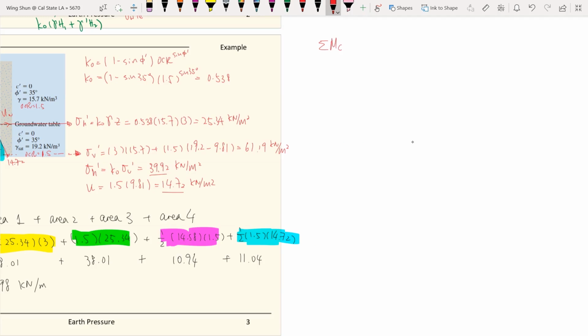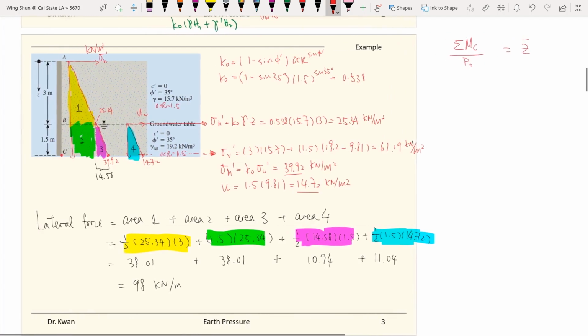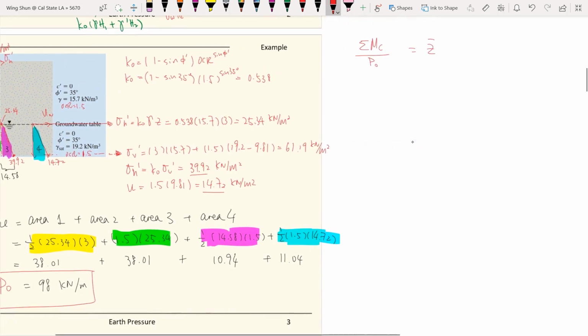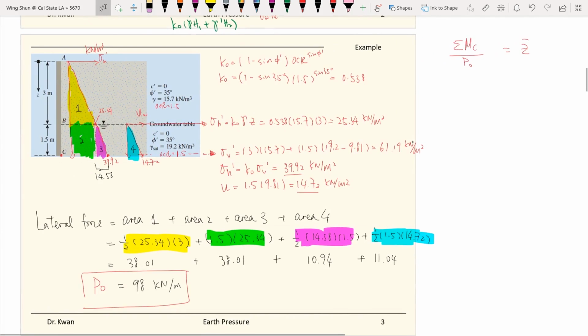The location, C bar, would be the moment at point C divided by the lateral load that we just found. So the force times the location equals the sum of the moments at the bottom of the retaining wall.